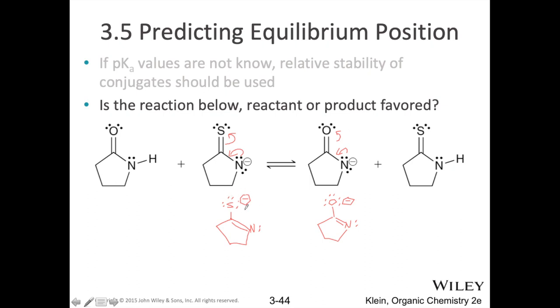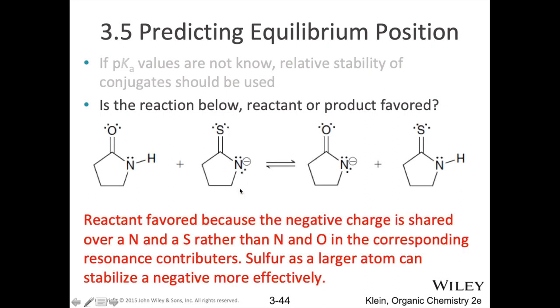Basically, this sulfur is going to be better at holding on to that negative charge, right? Sulfur is a larger atom and therefore better, because it's sort of squishier, it's got more electron density to diffuse out that negative charge. This winds up being a more stable conjugate base. So essentially this equilibrium winds up being reactant favored as a result.